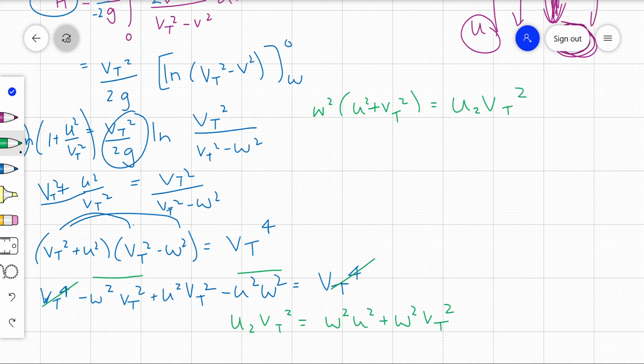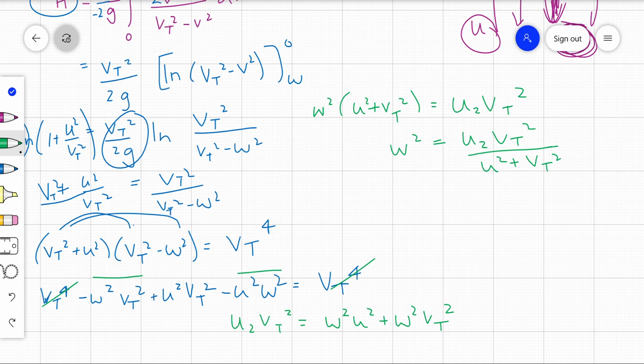Alright, so I'm going to divide by, because I want w squared by itself. Actually I want 1 over w squared, I can do that so I don't make a mistake. I'll do this first.